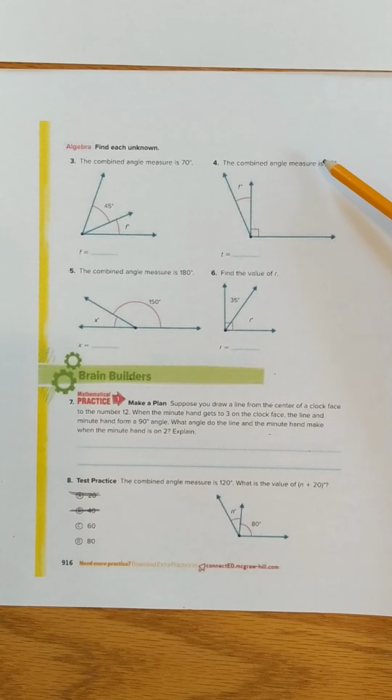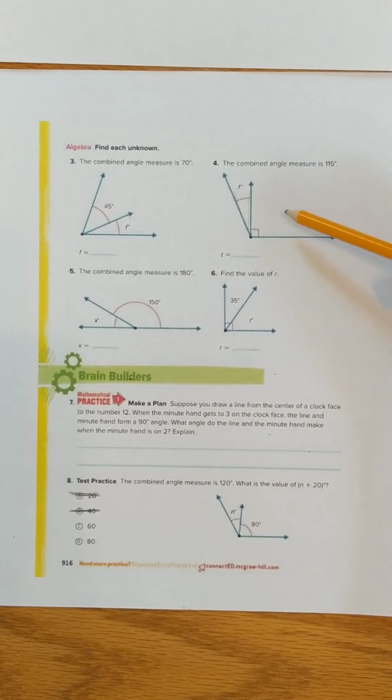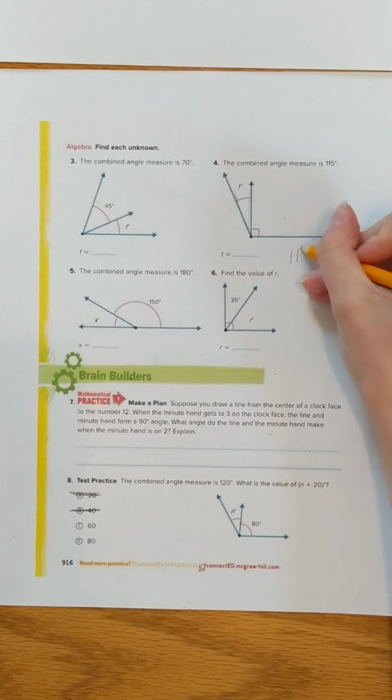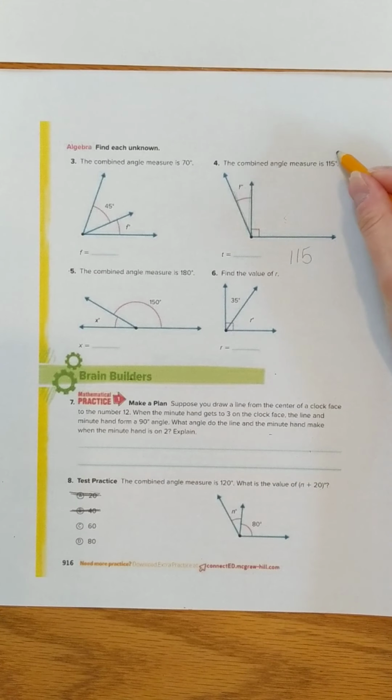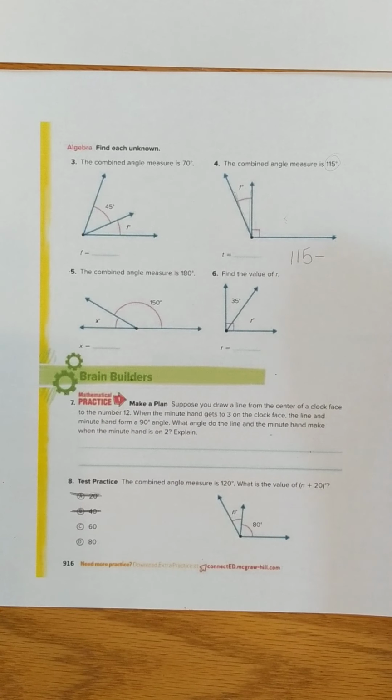So it says the combined angle measure is 115 degrees. And we are finding this missing angle measure, which is T. So this angle here is what we're trying to find, but we weren't given this angle measure. So if I go to set up my equation, 115, which is my whole combined amount that I start with, and I go to take away a given amount, what am I going to take away?